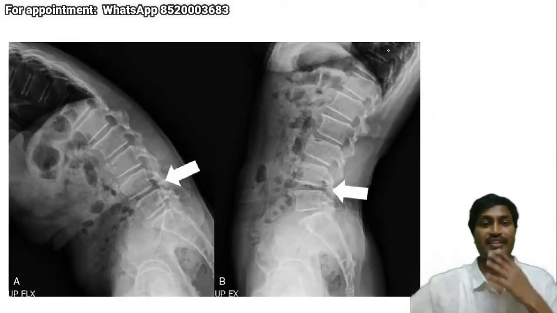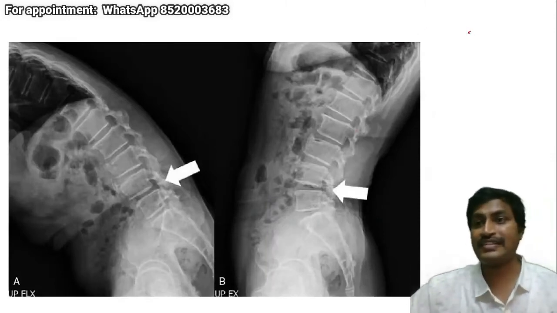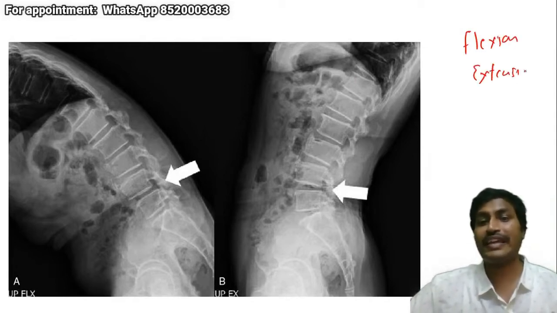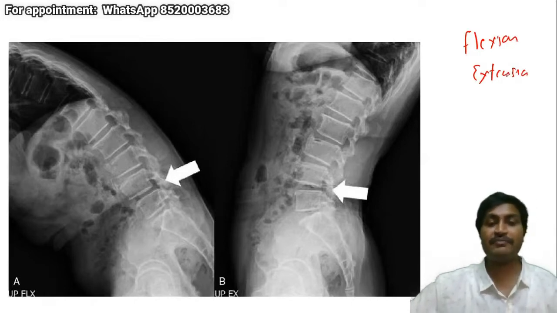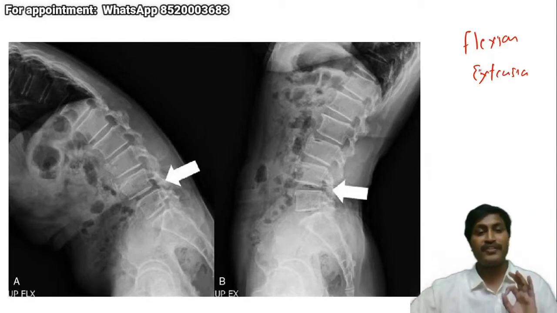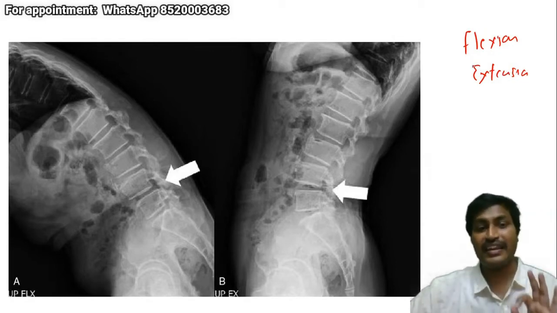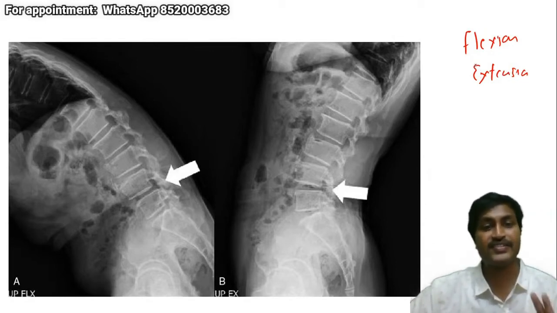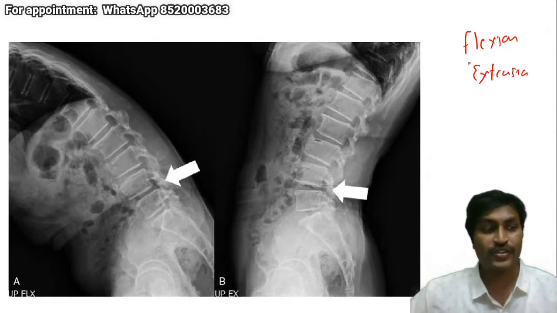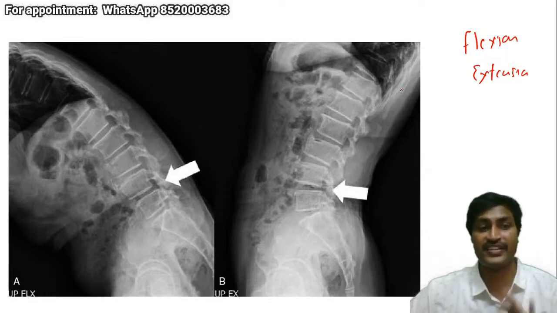And the most important thing is these are known as the flexion extension views. That is, we take a lateral view X-ray with the patient in full flexion and the second one in full extension. Before you say that any pain in the lumbosacral spine is not because of the spine, even if you have got an MRI done, you can't say that pain is not from the spine unless you do a flexion extension.